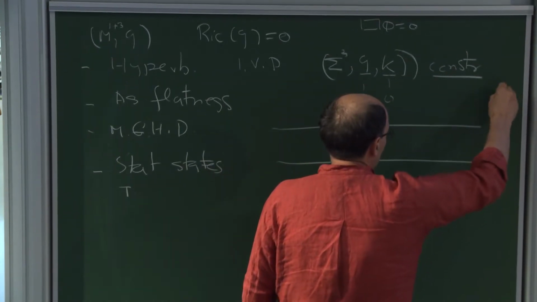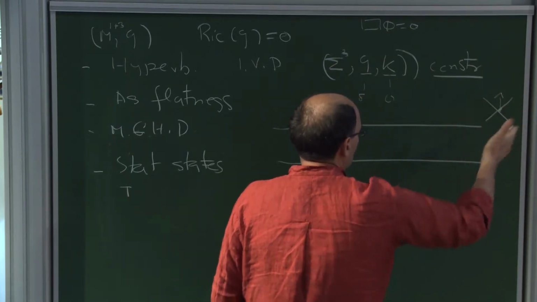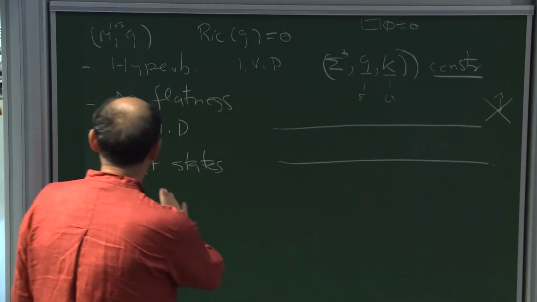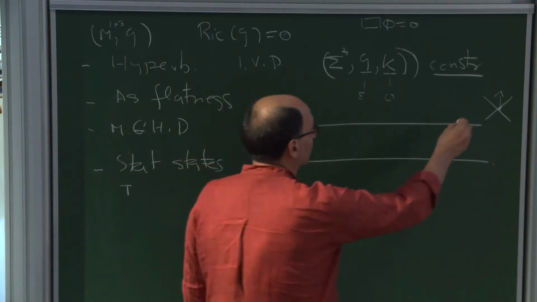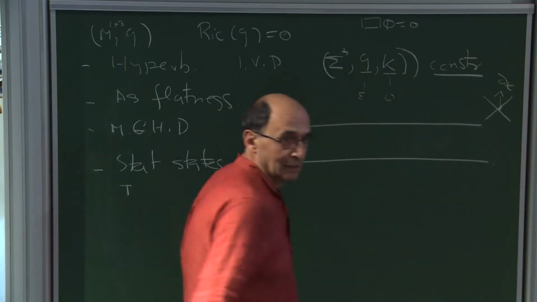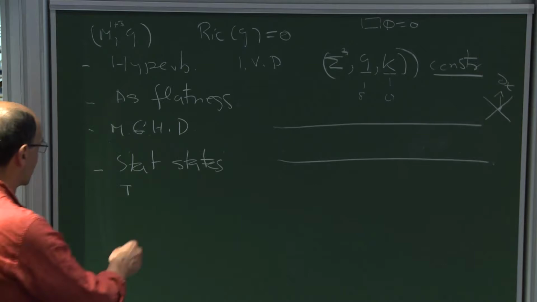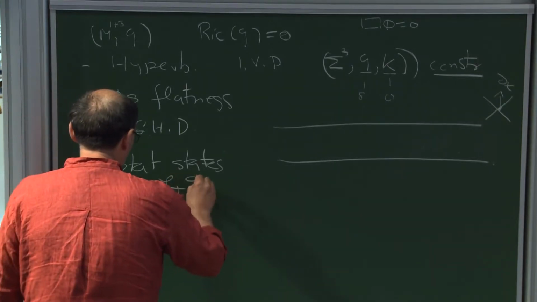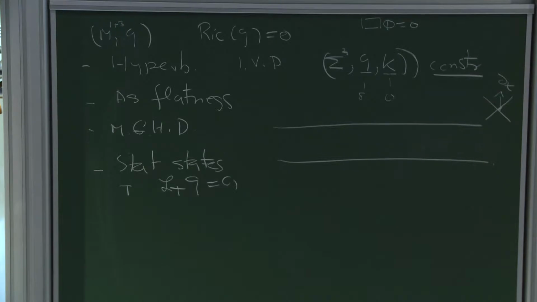In other words, if you have a light cone at every point, then as you go towards infinity, the vector field is more and more like the standard d over dt in Minkowski space. So a stationary state means there exists such a vector field such that the derivative of the metric with respect to t is equal to 0. That's how you define stationarity.